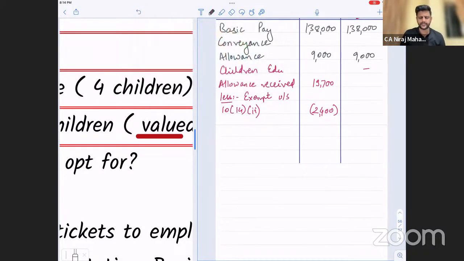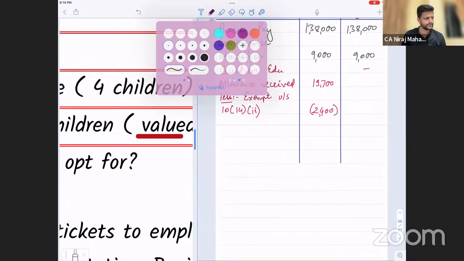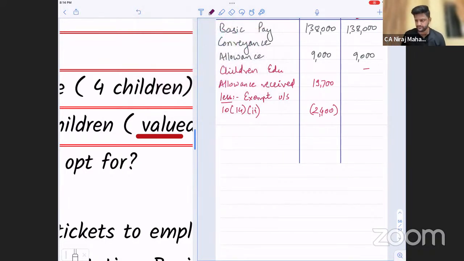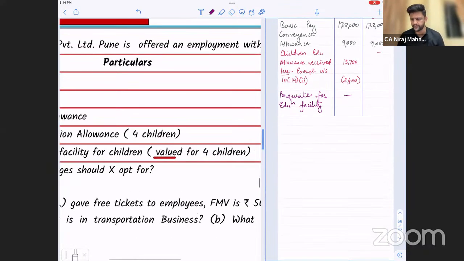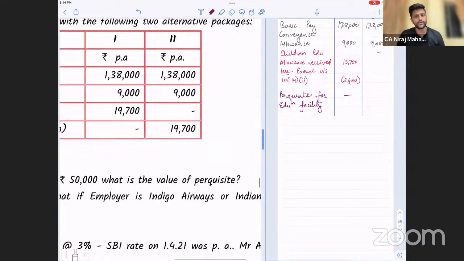And the second part we'll add for perquisite, perquisite for education facility. What is the value of perquisite?